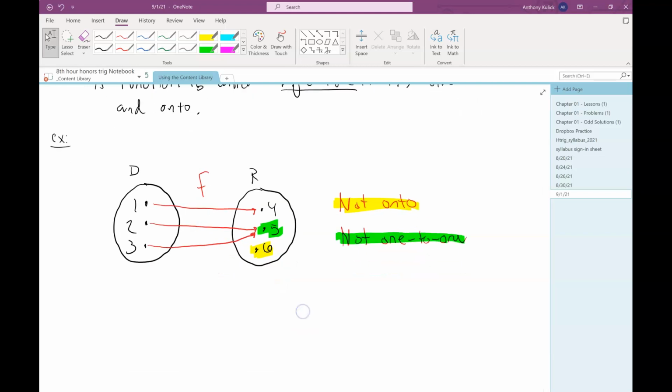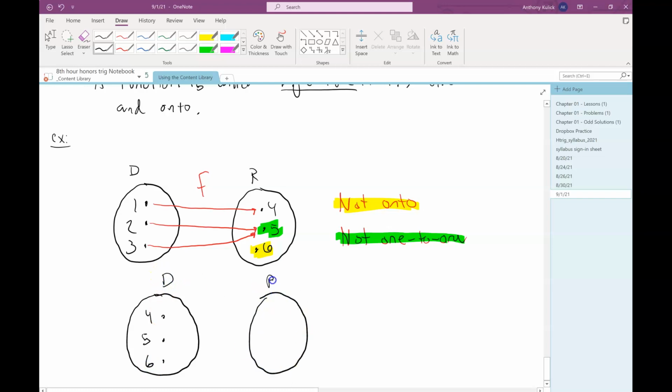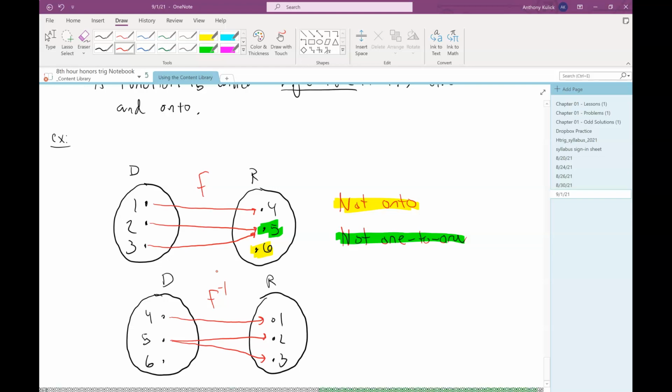Let's look at what happens if we try to find f inverse of this, though. So 4 is going to have to go back to 1. 5 is going to have to go to 2, and it's also going to have to go to 3. And 6 doesn't go anywhere. So if I look at f inverse, is this a function? Definitely not. Why not?